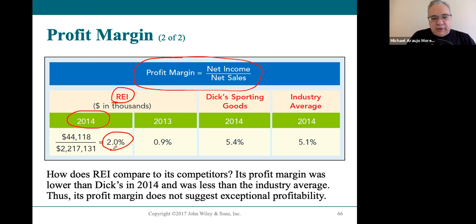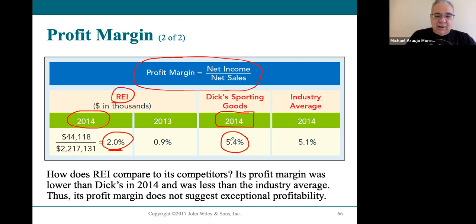That means if you look at it from a dollar, for every dollar they collected from their customers, they were keeping 2 cents of every dollar as their net income. Now, here is where Dick's Sporting Goods is master here, because for every dollar the customer gave them in net sales, they were able to keep over 5 cents of that dollar.